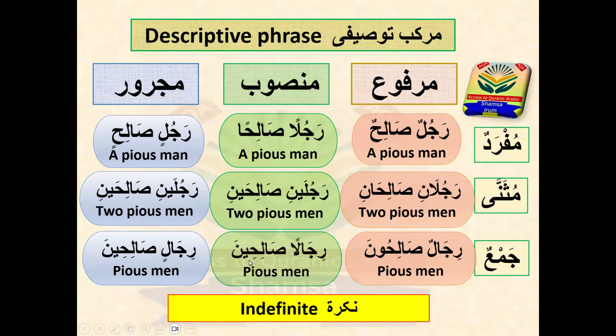So look how quickly you can identify that this time salihina is mansoob because the mausoof is mansoob. And on the other hand, the blue one, if you check rijalin, the mausoof is majroor. So this time, is salihina mansoob or majroor? It is majroor now. This salihina is majroor because the mausoof is majroor.